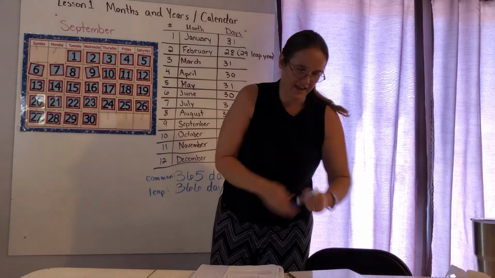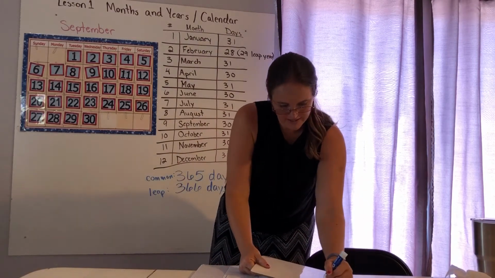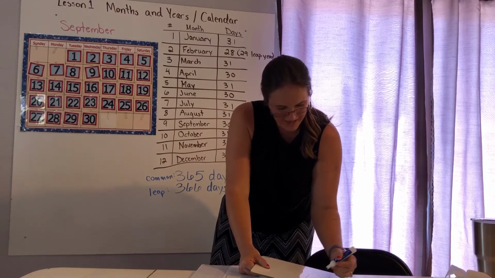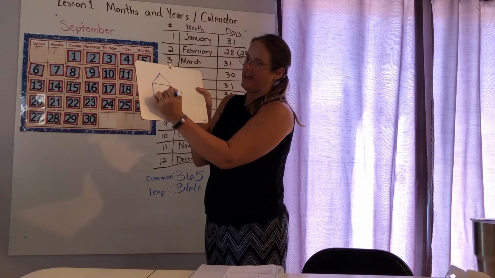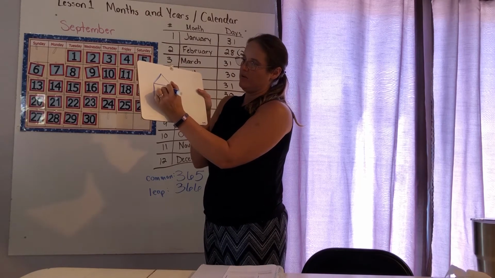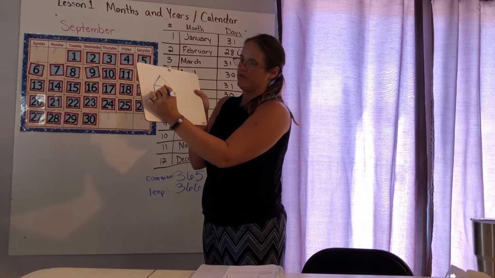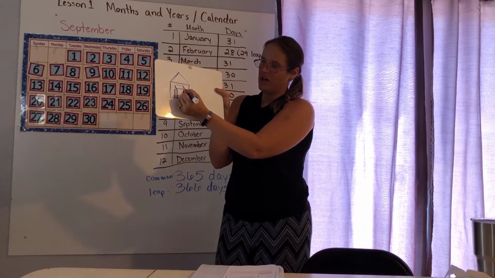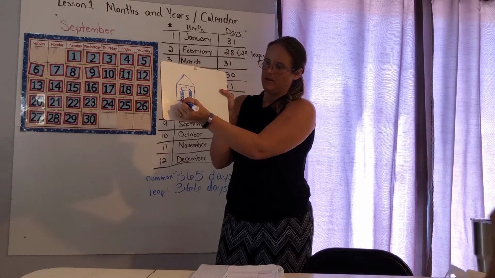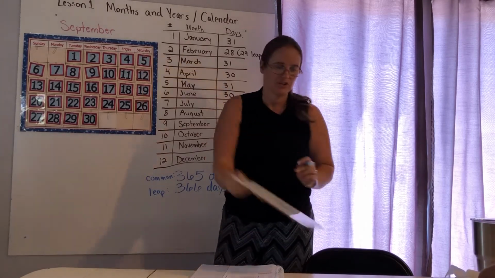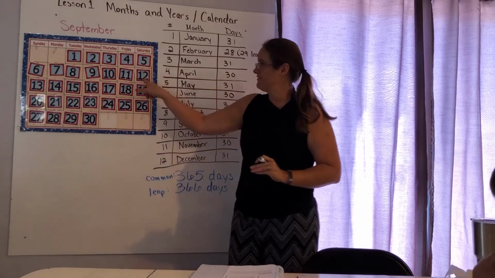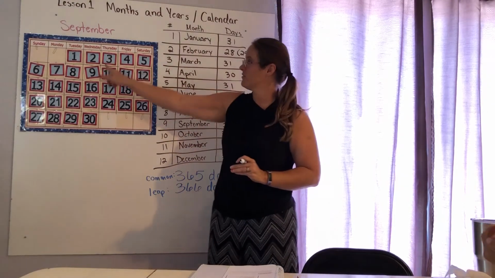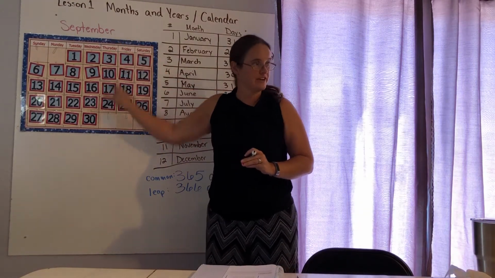I remember that because on a house, sometimes you might have a column that holds up a little roof over your front door, right? These are columns, they go up and down. So on our calendar, 5, 12, 19, and 26, those line up in a column. 3, 10, 17, and 24, that's a different column.